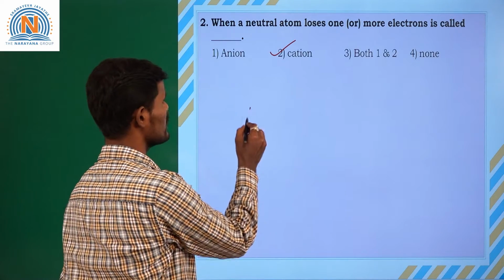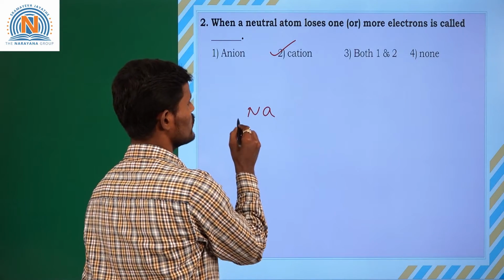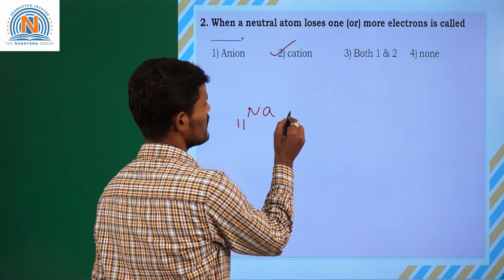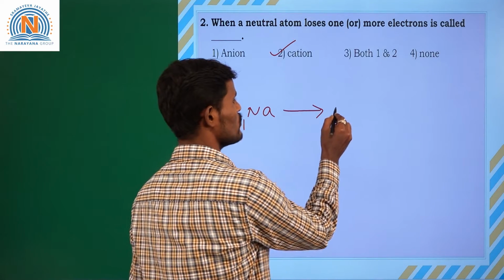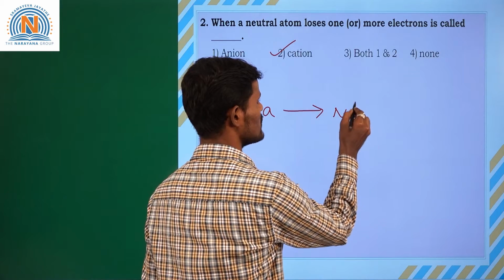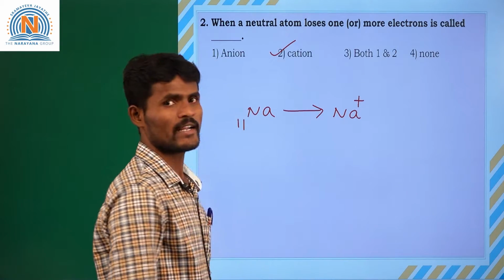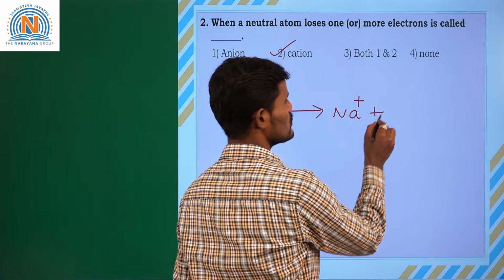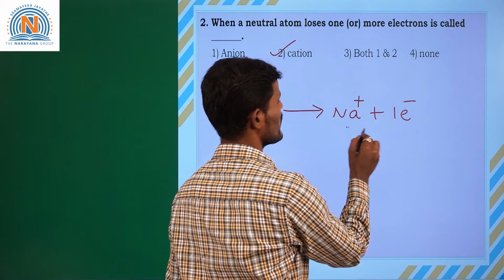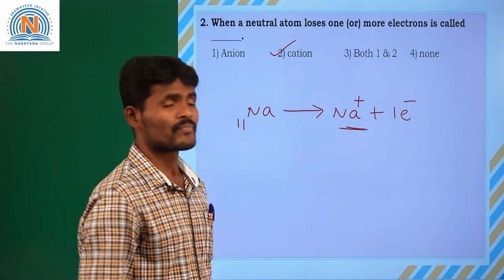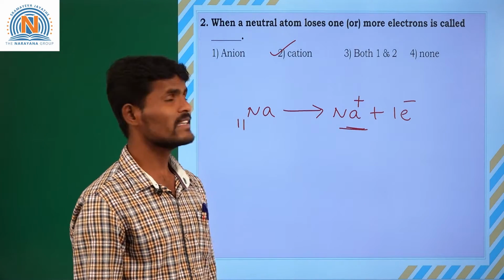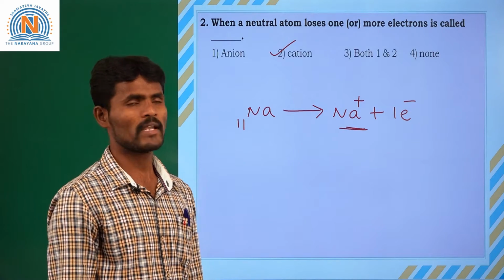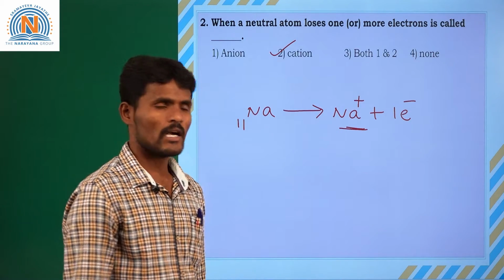For example, sodium, atomic number 11, tries to lose one electron to form the positive charge Na plus cation. So when a neutral atom loses one or more electrons, it is called a cation. Next, third question.